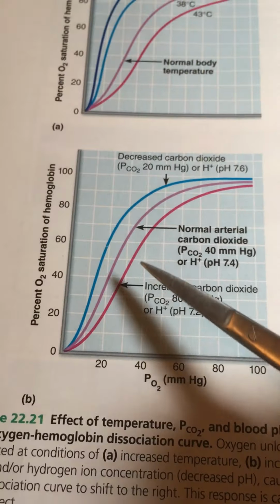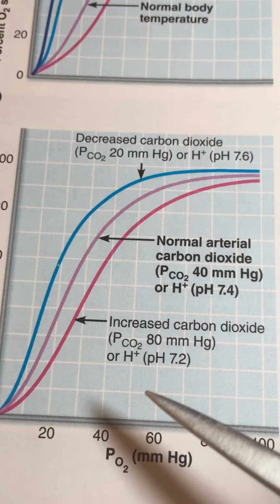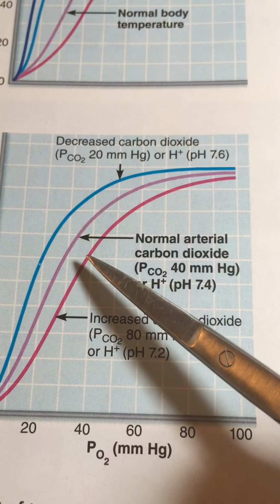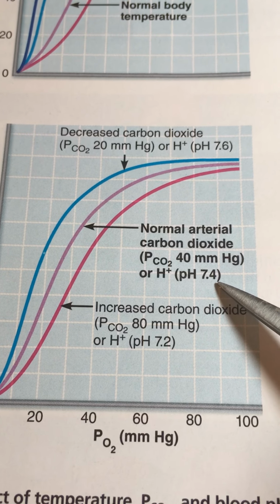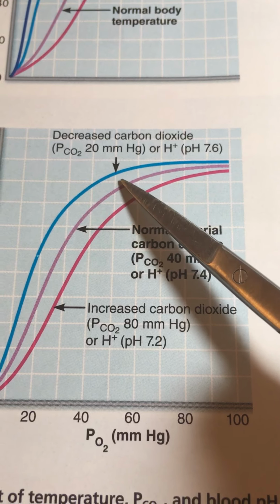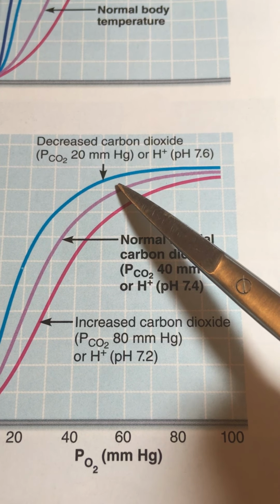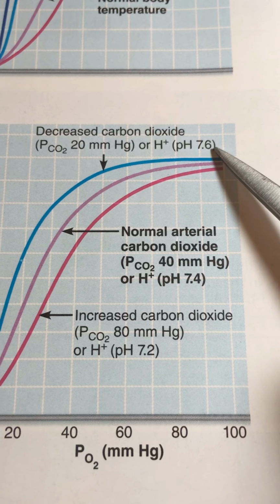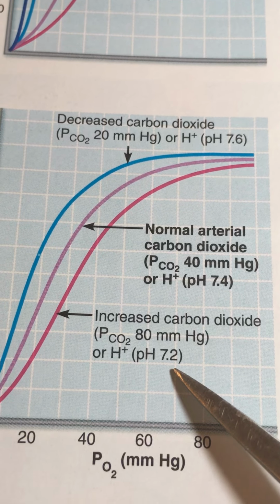Okay? Over here in this one, we're looking at pH. Notice that the pH here, this is the normal pH, is 7.4. Here's a pH that is a little bit more alkaline at 7.6. Here's a pH that's more acidic at 7.2.